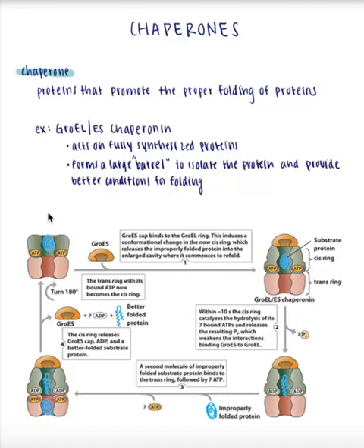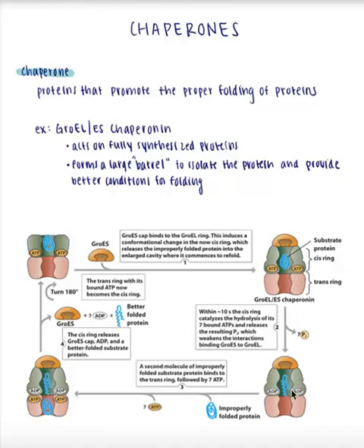So what will first happen is one of the barrels on the GroEL, so in this case the top one, the cis one, is going to capture a misfolded protein. Then what's going to happen is the cap, GroES, that's why it's a pair, is going to attach along with ATP, and that's going to cause that ring to actually increase in diameter and make more space in there, allowing the misfolded protein to unfold and then refold itself properly.